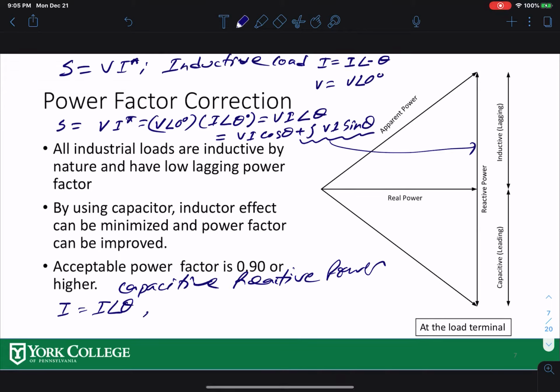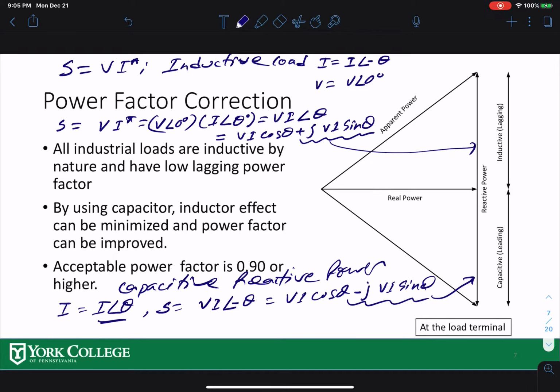Your complex power would be, again using conjugate, VI negative theta, because this would be conjugate, so it would be negative. That means I have VI cosine theta minus j VI sine theta. So this is negative, so that's why capacitive reactive power is negative at the load end.